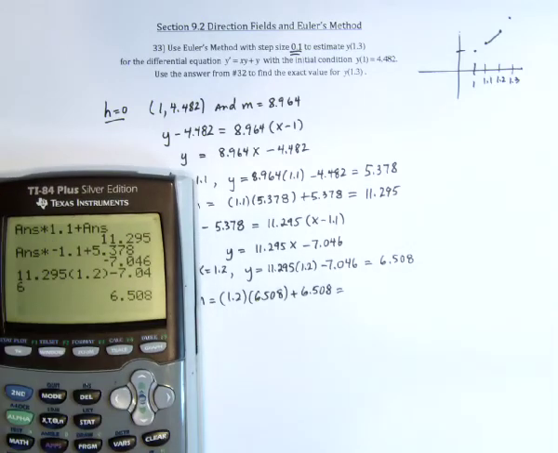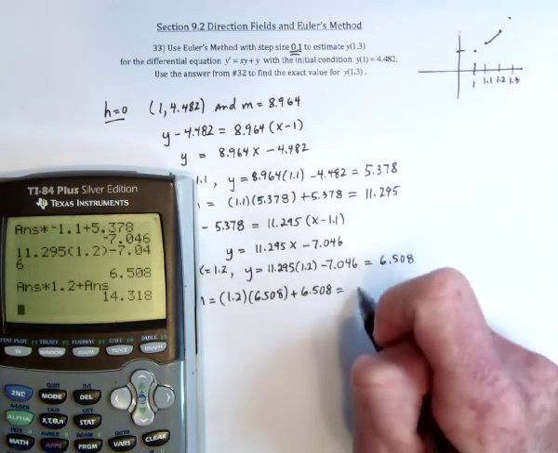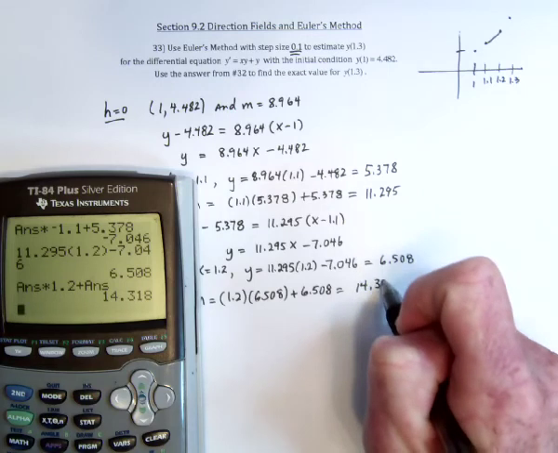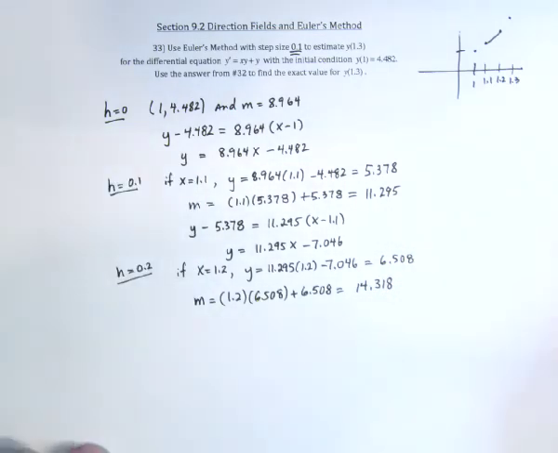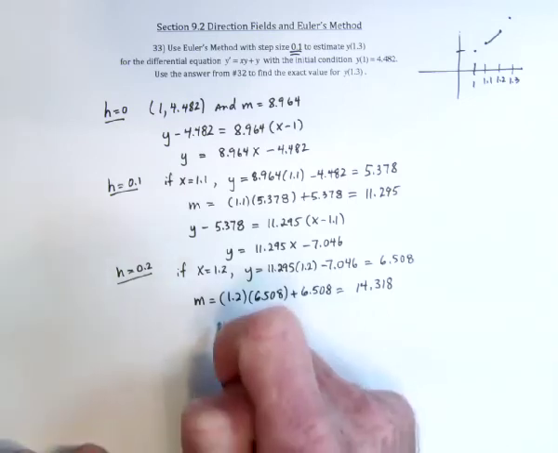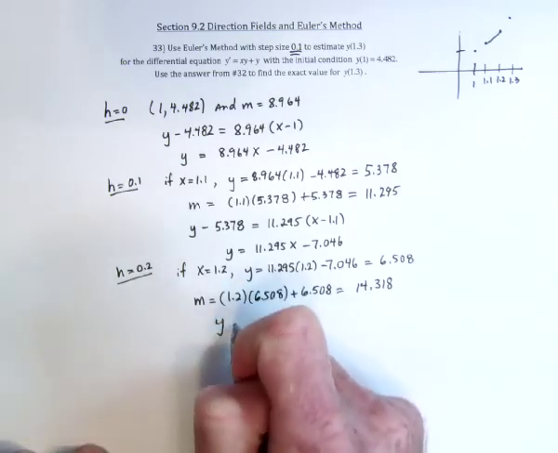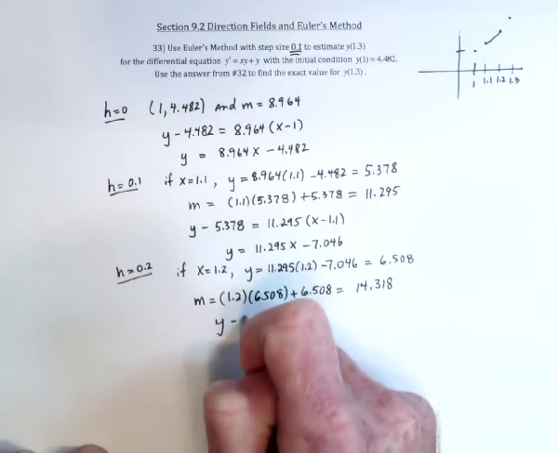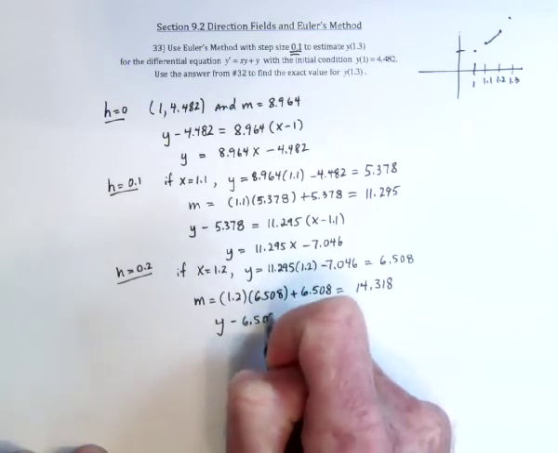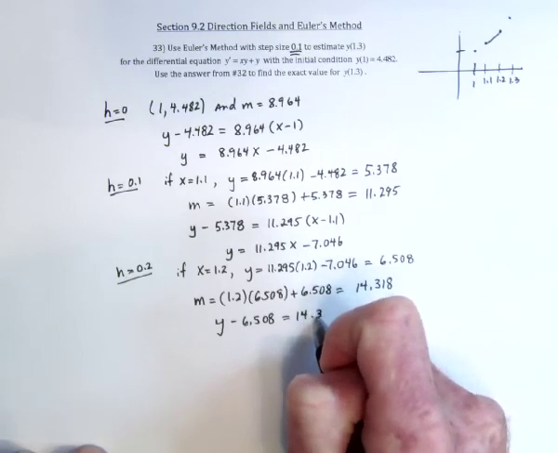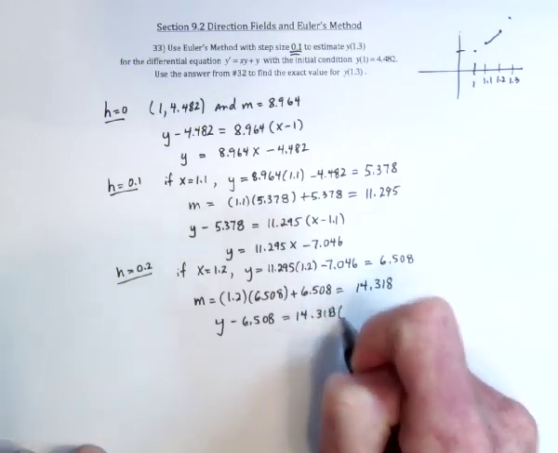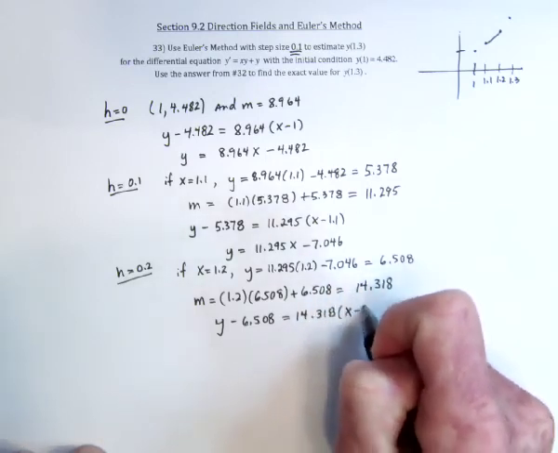So take that last answer, multiply by 1.2, and then plus itself. 14.318. Alright, we're almost done. Do the point slope formula again. So y minus the y value equals slope times x minus the x value.